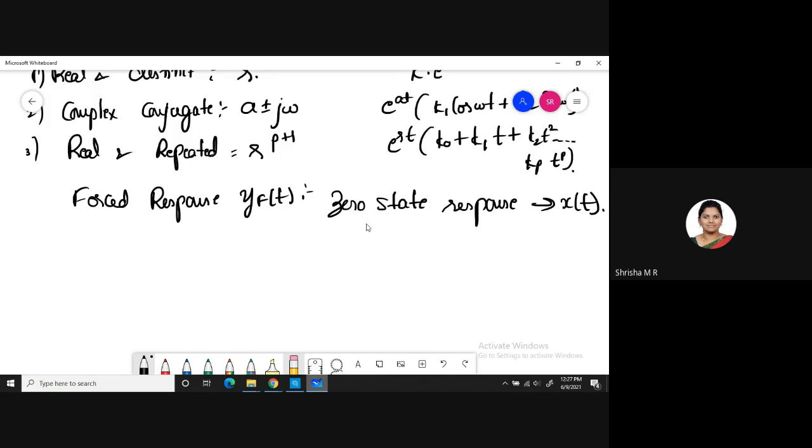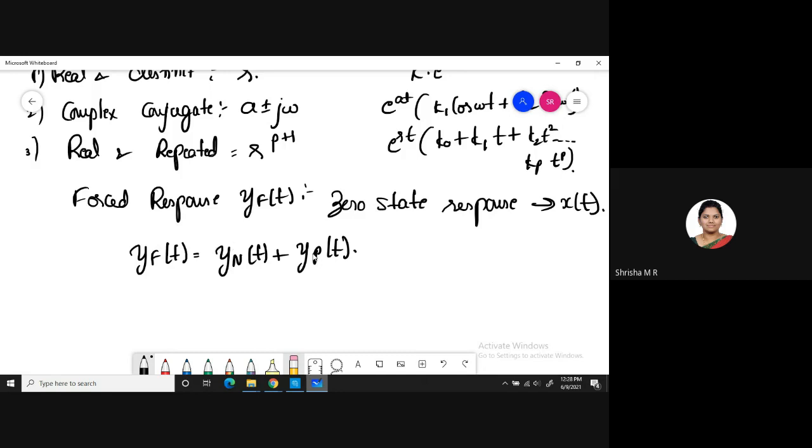So the structure of forced response will be yf of t equals yn of t plus yp of t. This forced response is a summation of natural response plus particular response. The constants present in this forced response are evaluated by assuming zero initial conditions.